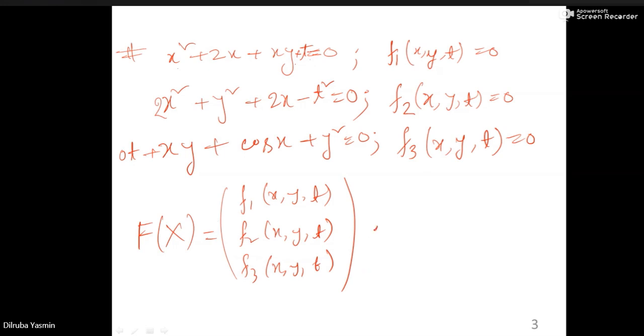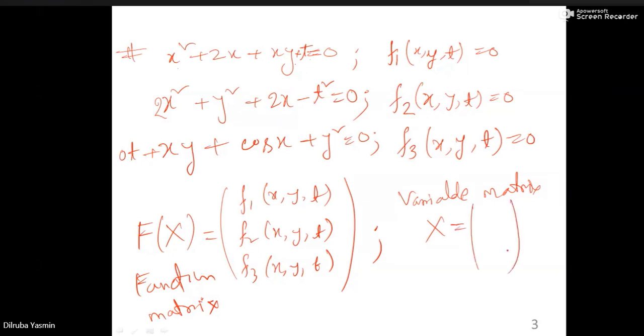This is a function matrix, okay? And how about the variable matrix? The variable matrix can be defined by capital X, and this is also a column matrix. So here you have to write the variables in a column, okay? So this is a variable matrix.